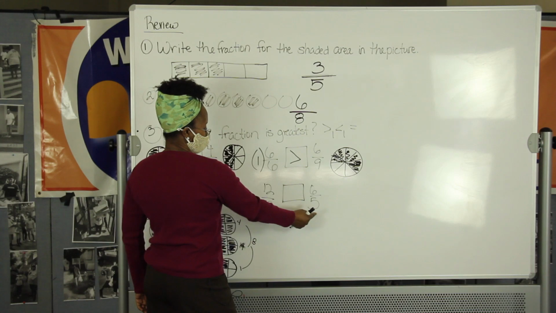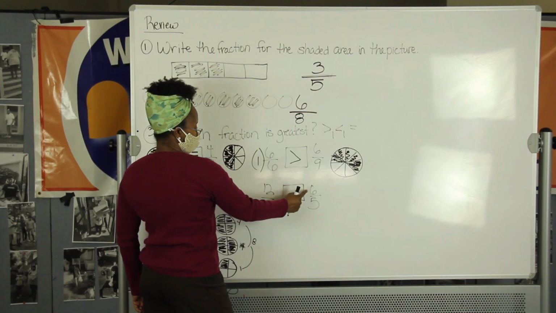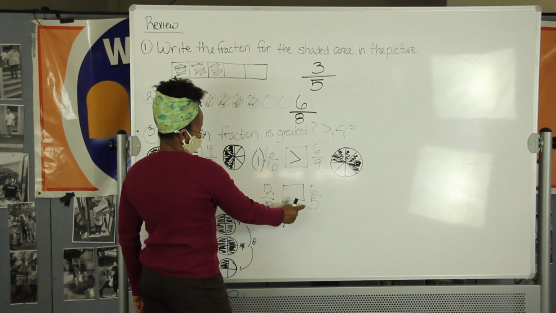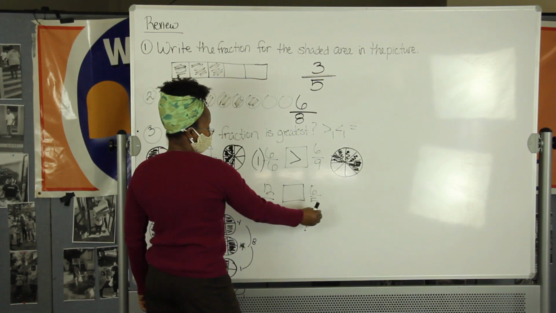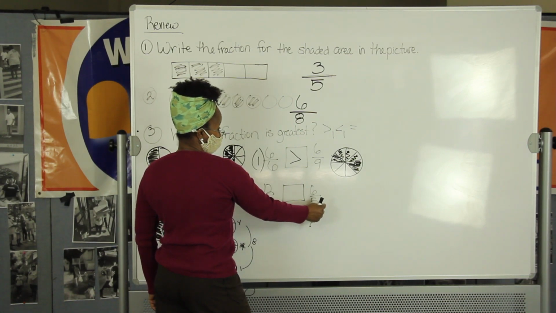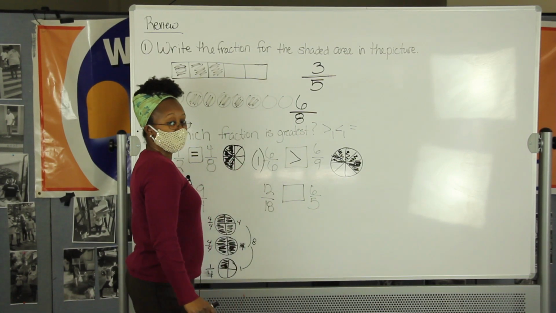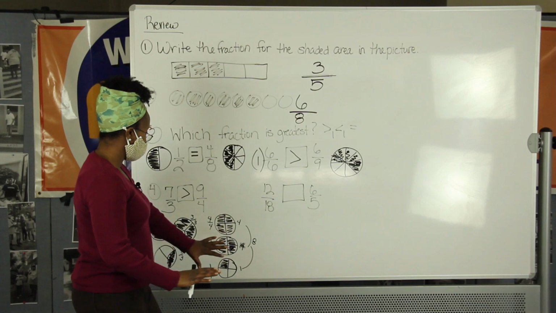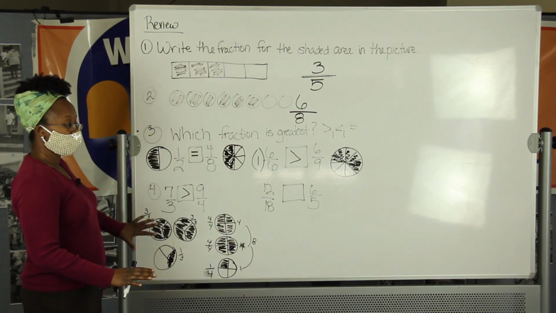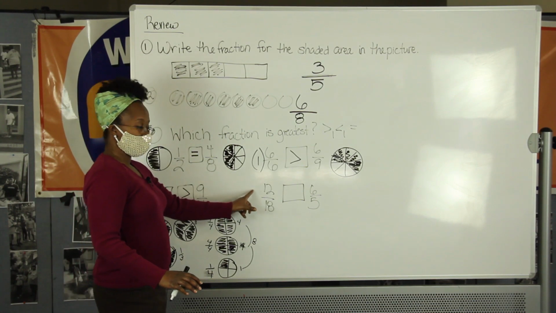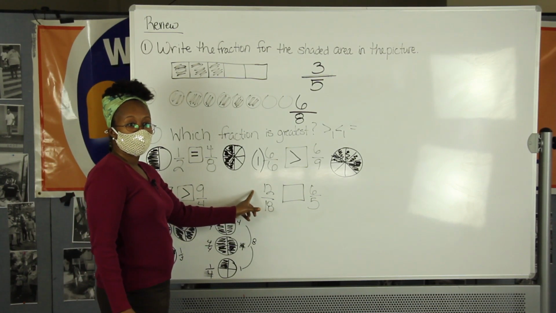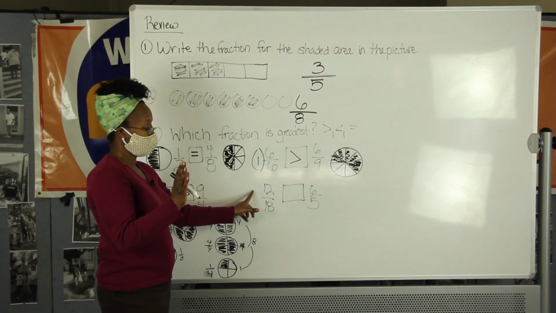Now let's look at this one over here. The top number, the numerator, is actually bigger than the bottom number. So what does that mean? That means that this one is greater than 1. So you don't even have to go through this whole step if you can understand that the proper fraction only goes up to 1.